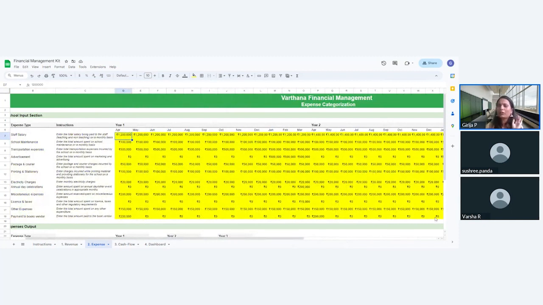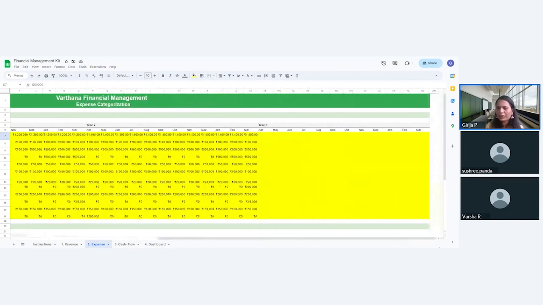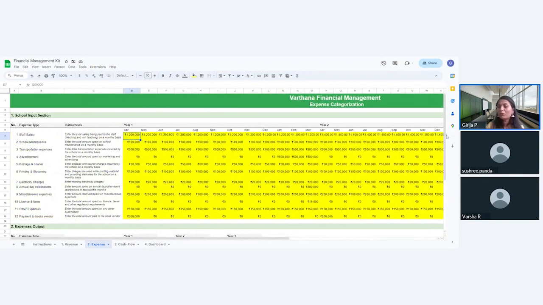If you want, you can put the data for the first year, the current year, and the second year. If you don't want to put the data for the third year, that is okay. Here you can see the cell is blank. I haven't put any data for the third year, but still it will give me the calculation I'm looking for on the expenses.